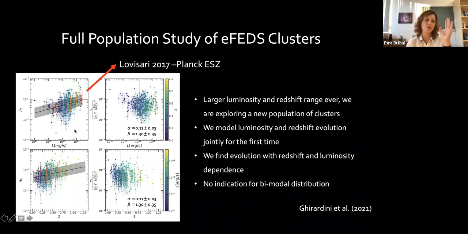In comparison with previous ROSAT surveys, which are sensitive to very bright, massive clusters, we can probe low luminosity, low mass clusters and galaxy groups at the same time. And we can constrain the evolution of baryons in these deep dark matter potential wells very accurately.